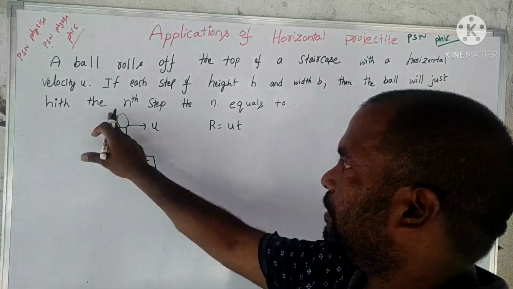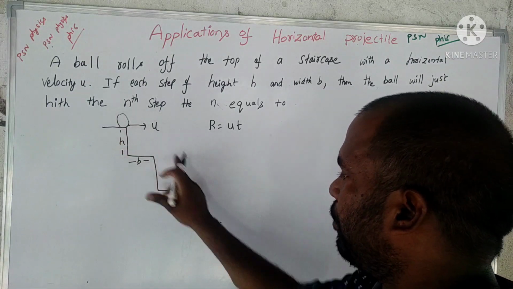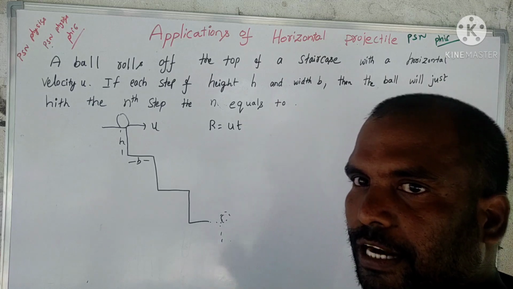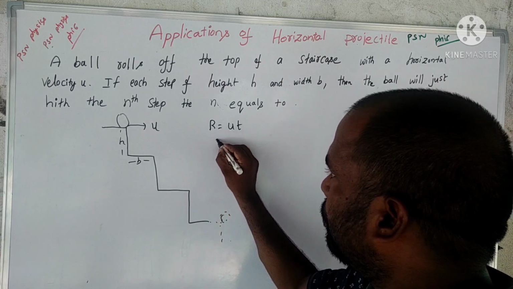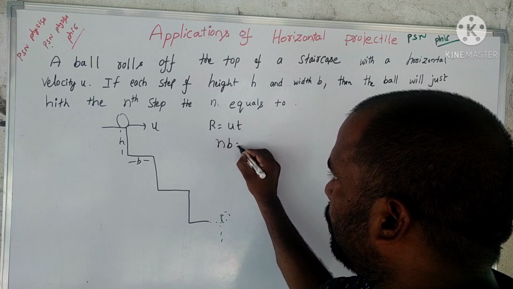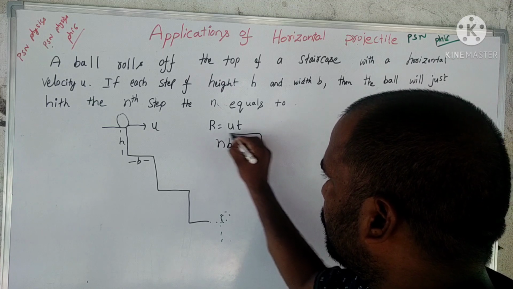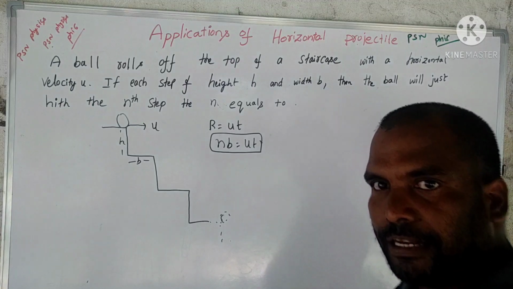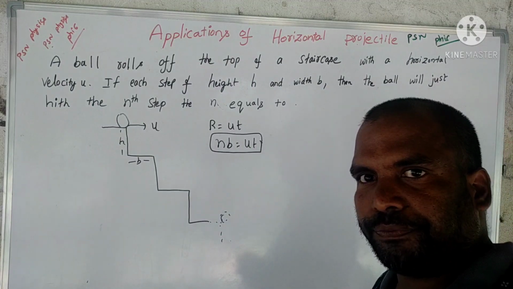They are asking where it will hit. It will hit here. Therefore, range is equal to n into b, which is equal to ut. This is the range for n steps. Each step width is b, so nb is equal to ut.